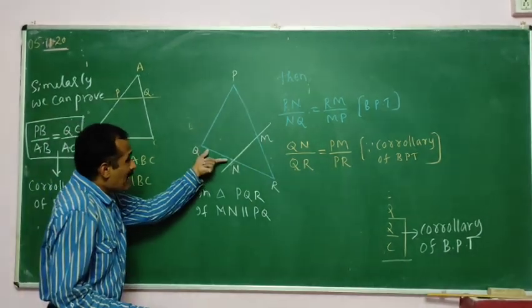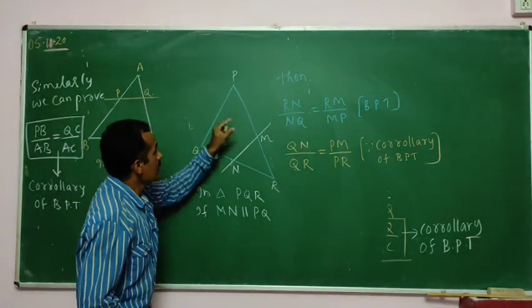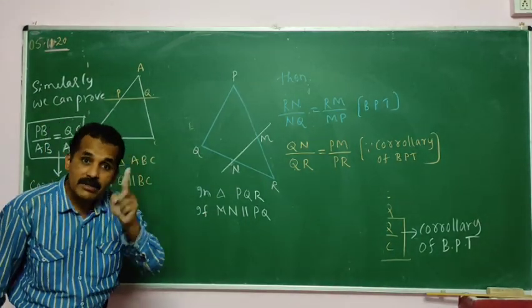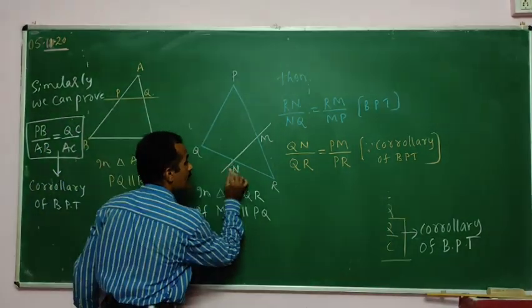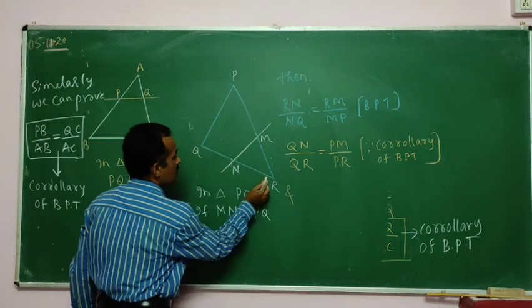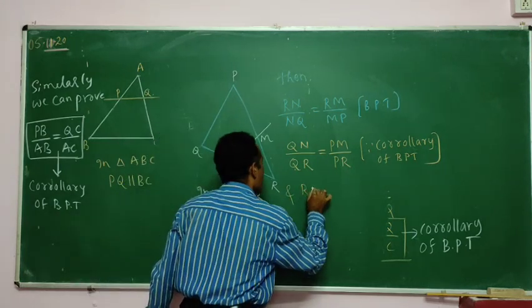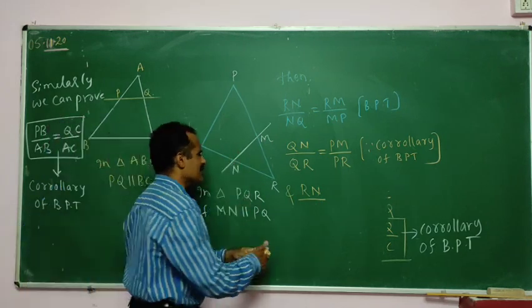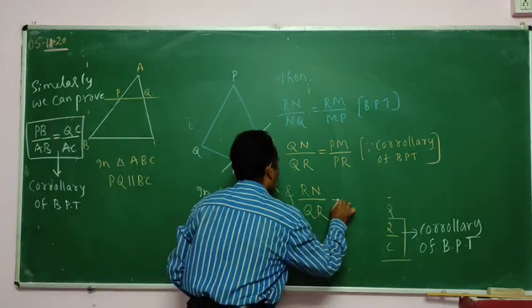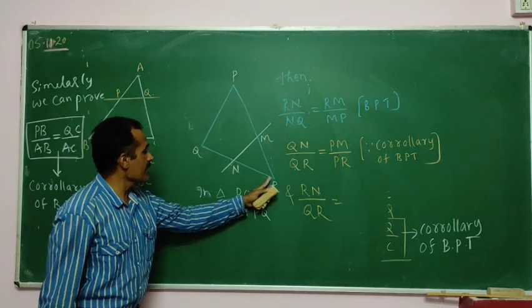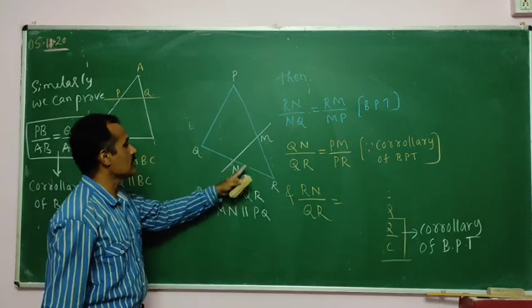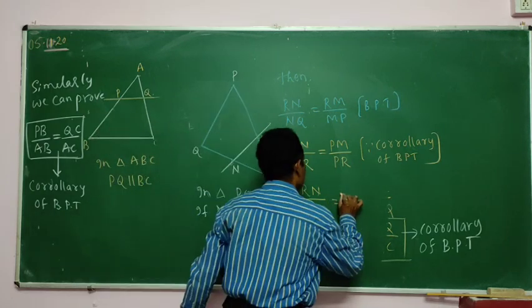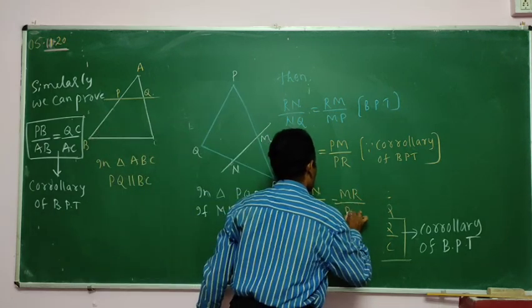When I take one part and one complete side, I can also write it like this: RN by QR is equal to MR divided by PR.